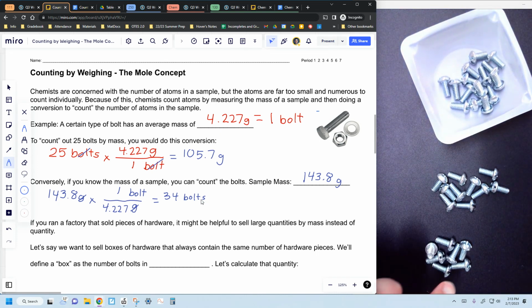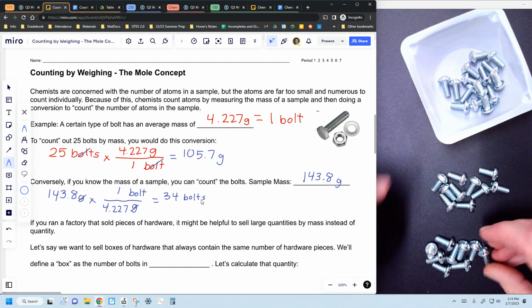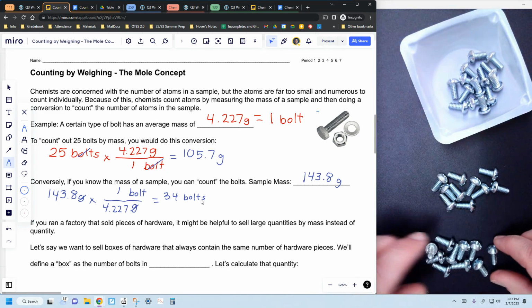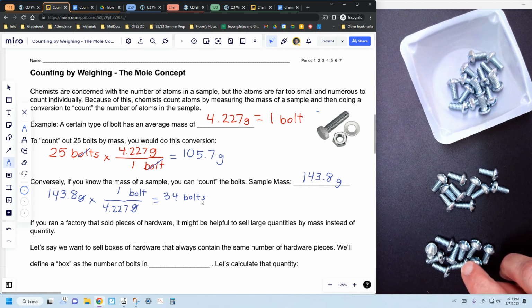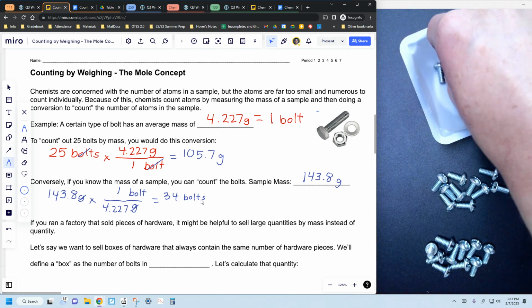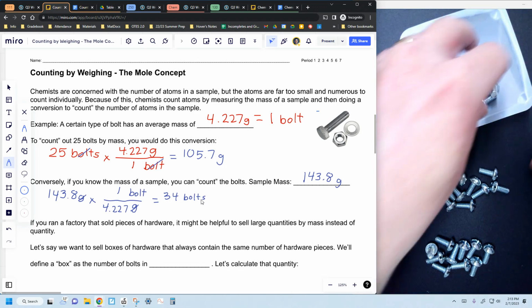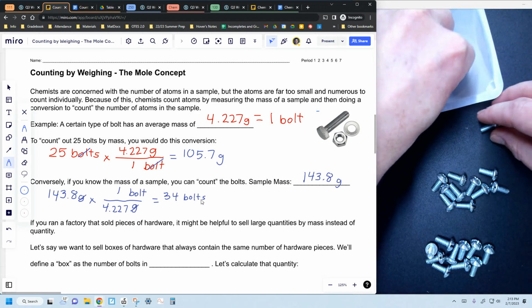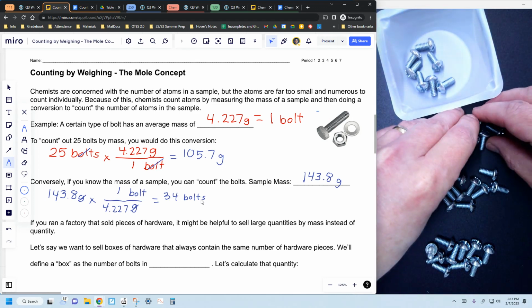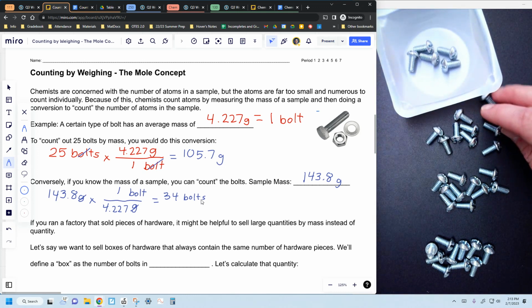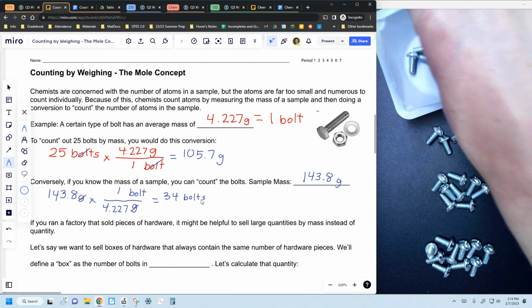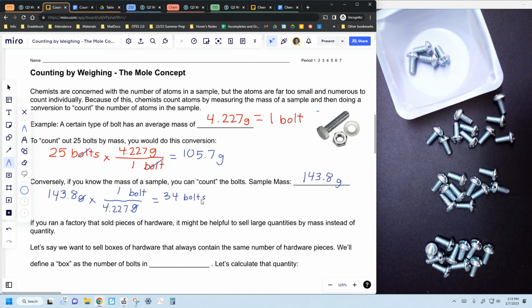Keep going. 10 again, and then 4 in the weighing dish, right?